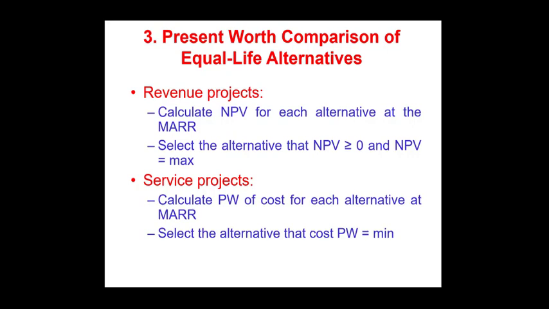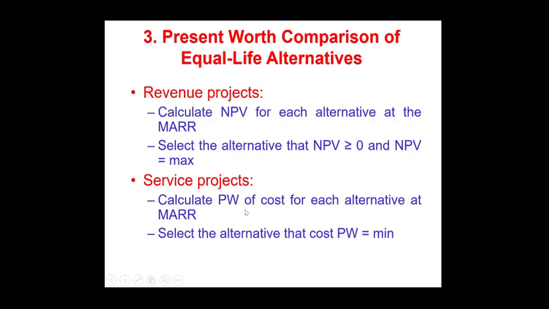Okay, there are 2 conditions to select the best alternatives. Regarding the service projects, when we compare mutually exclusive alternatives with the service projects, first we have to calculate the present worth of cost.